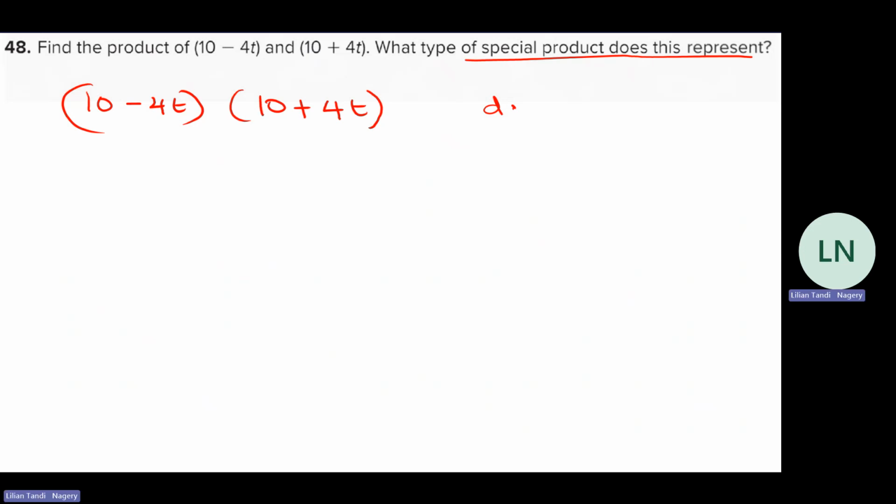This one is the product of a sum and a difference.